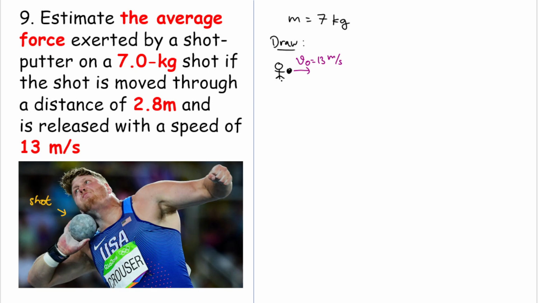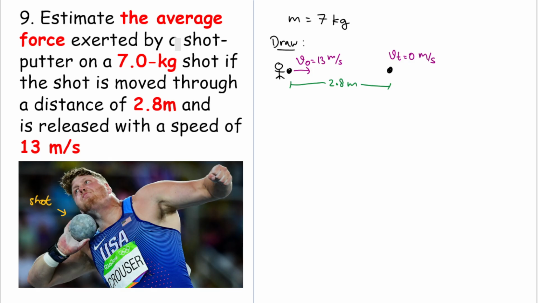Suppose the shot lands here, so the final velocity will be 0 meters per second, but the distance between them is 2.8 meters.